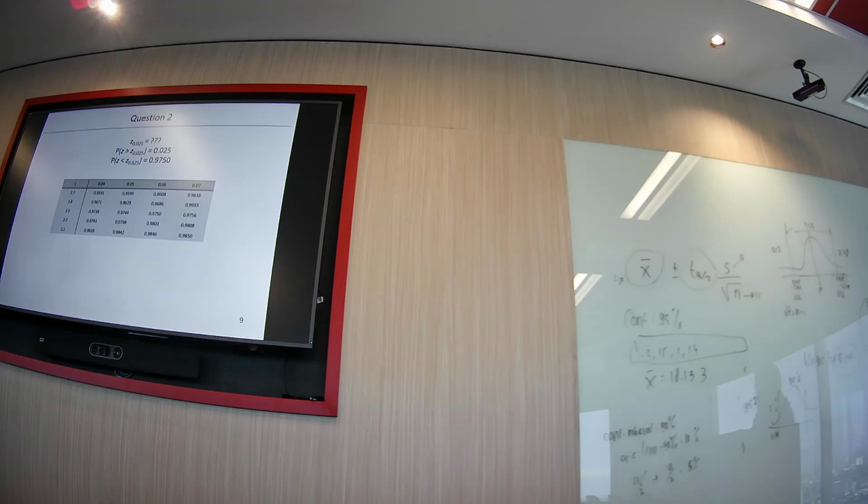The z table is a bit different from the t table. With t, we see it directly with the degrees of freedom. Here, there are no degrees of freedom. Let's see 0.975. It belongs to 1.96. You can also find 0.025, which is similar, 1.96 but negative.